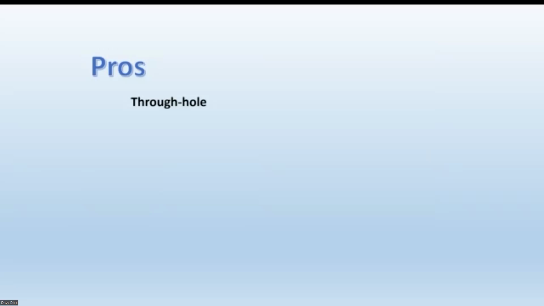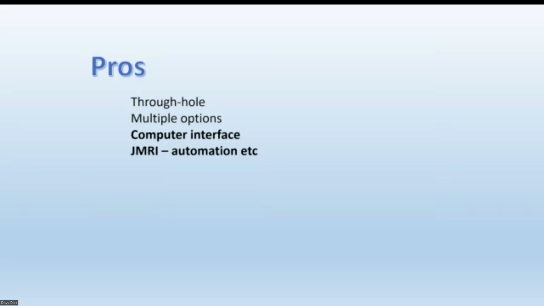So what are the pros of CBUS? Again, through-hole, no surface mount, multiple options, as you saw. You can have a computer interface, which allows you glass panel or automation, lots of possibilities. The cons are the same as the pros: multiple choices.